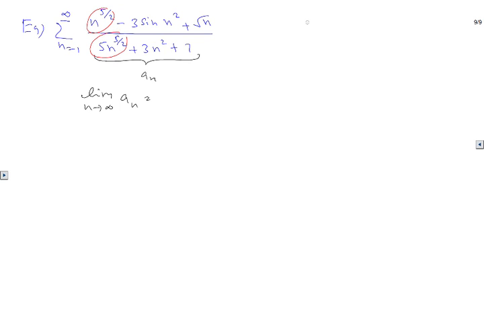We know that the sine is always between 1 and negative 1. So the absolute value of that term can be at most 3. That means when n goes to infinity, you can ignore that. So we ignore the sine term.